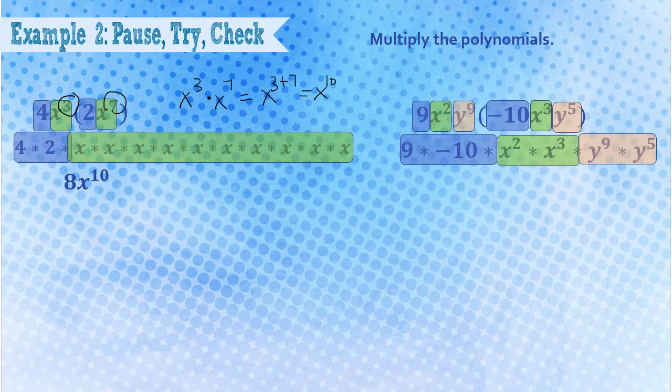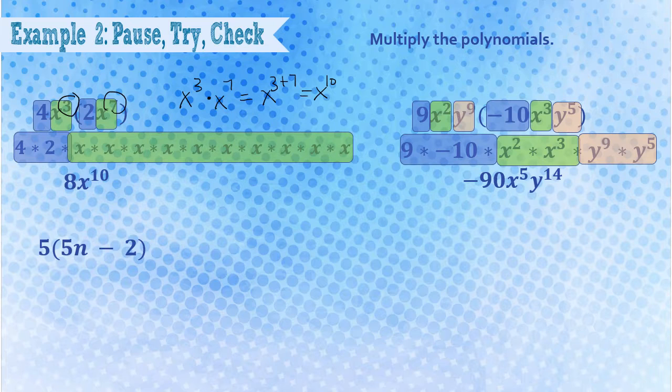So when I group them, I will just rewrite it grouped. So 9 times negative 10 is going to give you that negative 90. X squared times x to the 3rd, we add our exponents, that turns into x to the 5th. And then y to the 9th times y to the 5th, I'm going to go ahead and combine those exponents by adding them as well. So 9 plus 5 gives me 14.